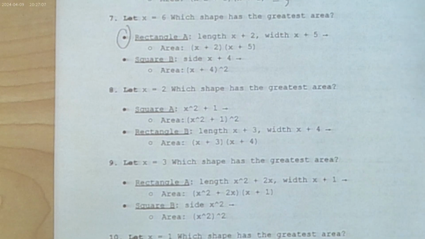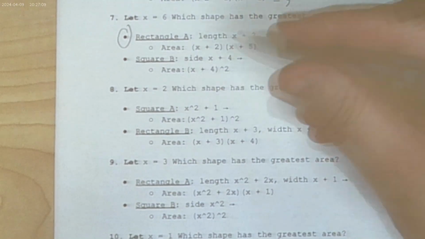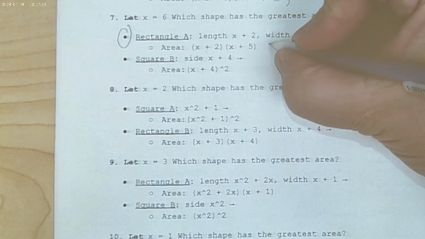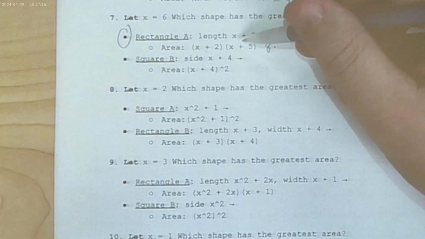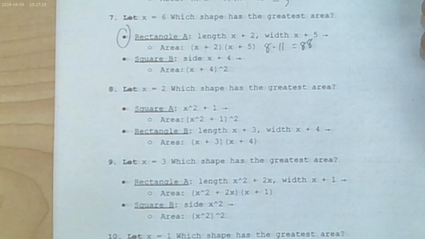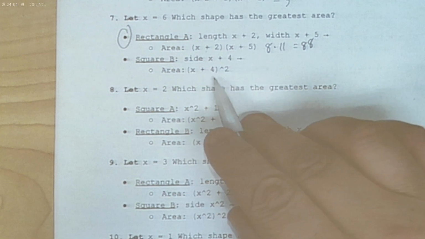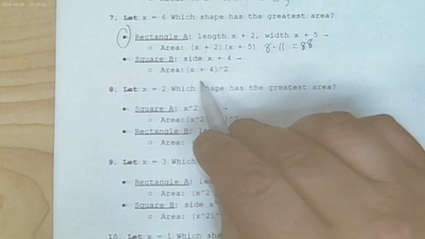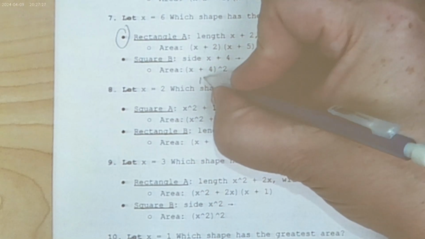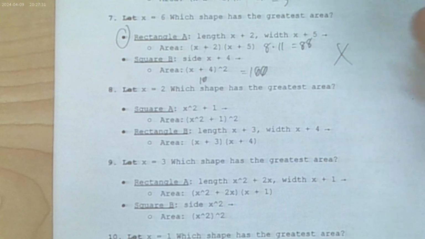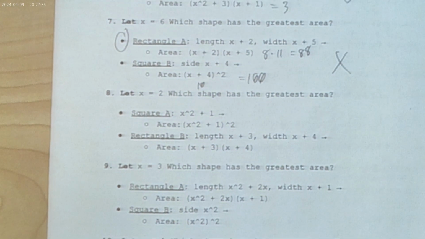If x equals 6, then x plus 2 is 8 times 11. So that equals 88. 6 times 4. Oh no! x equals 6, that's 6 plus 4, which is 10 squared, equals 100. I'm doing much worse now that I'm not allowed to look at the answer ahead of time.